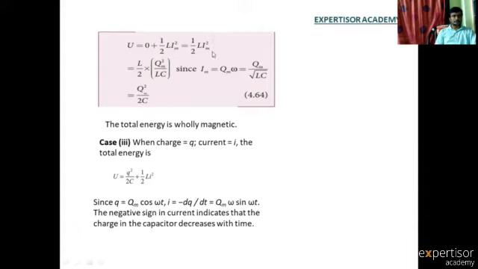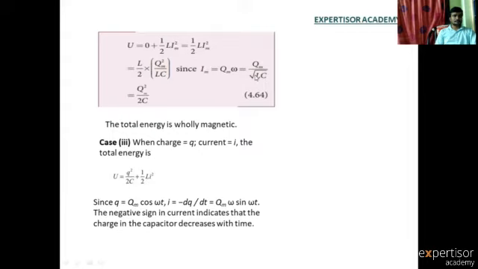So we know that Im is equal to Qm into omega, where omega is equal to 1 divided by square root of LC. This is the resonance frequency.